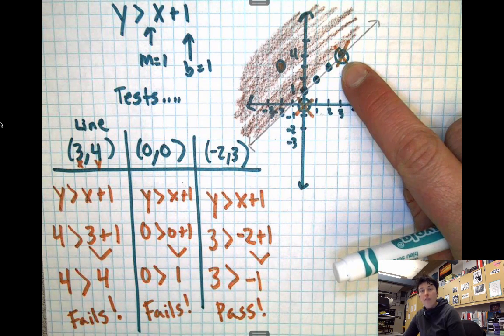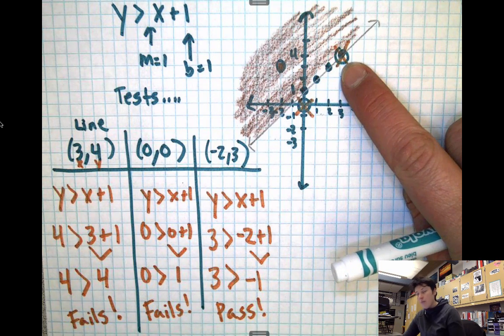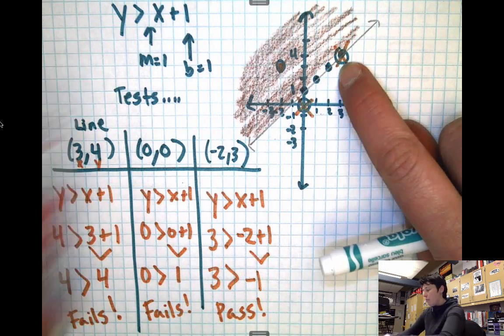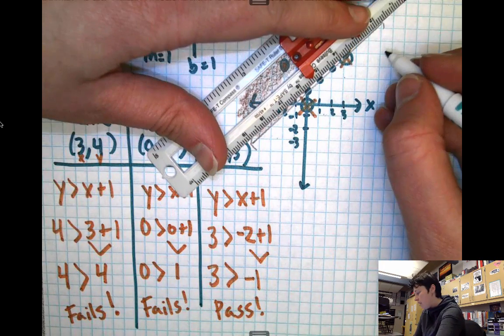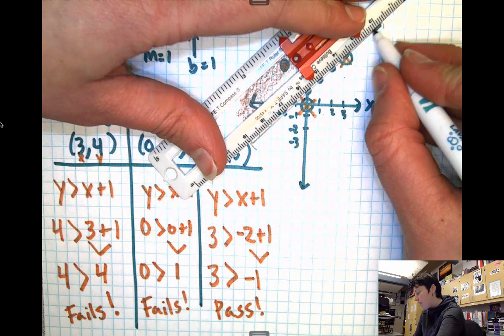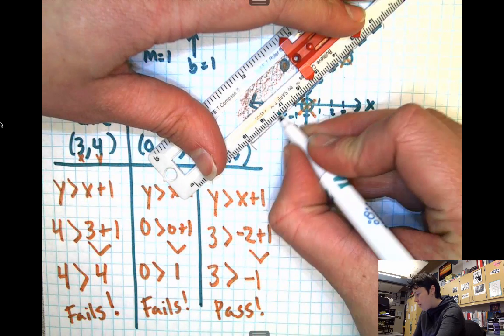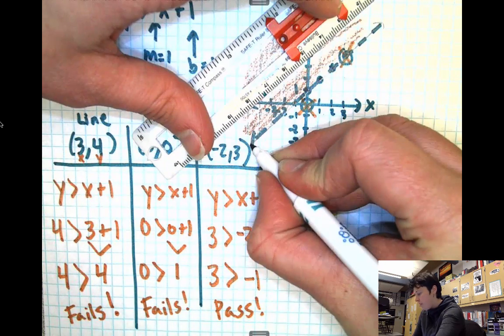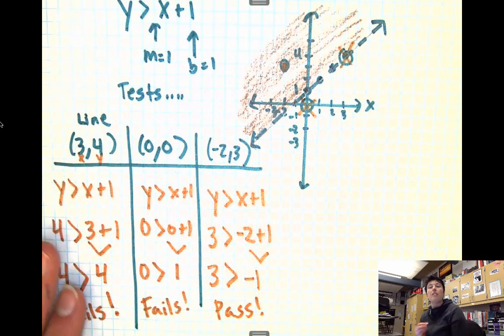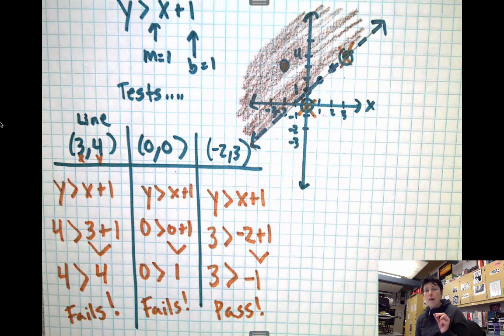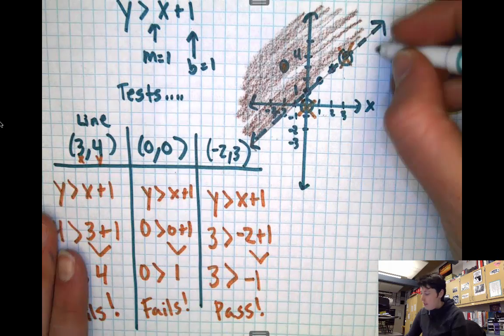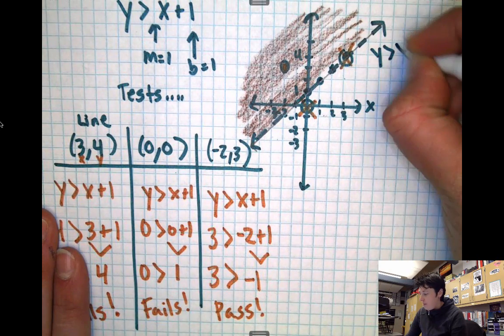No, the line value failed. So when I connect it with my ruler, it's not a solid point. In fact, it's the opposite of that. It's a dotted line. I'm going to draw a dotted line to show my readers of my graph that the line failed. The line did not pass the test. So this is the graph of y is greater than x plus 1.